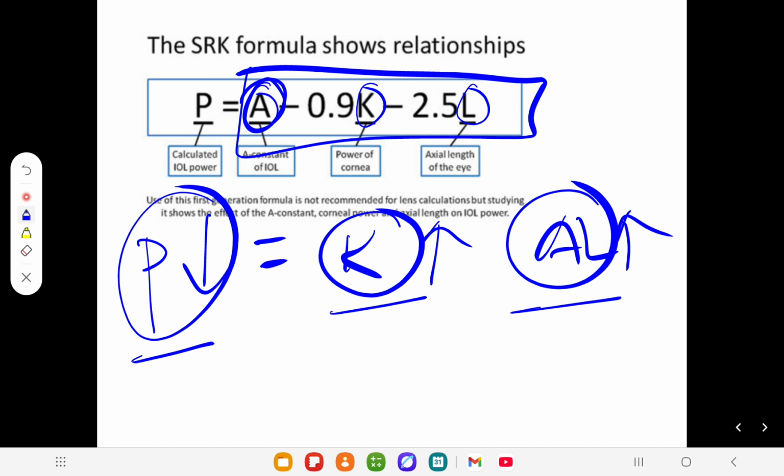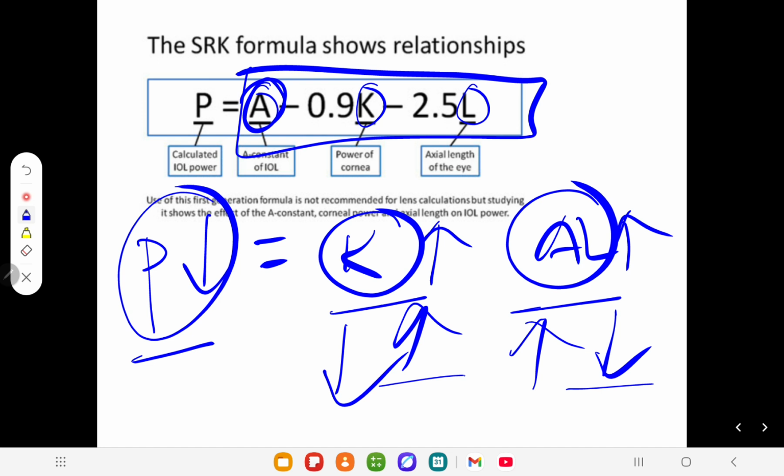So remember, if K increases, what happens? If axial length increases, what happens? If at the same time K increases and axial length decreases, what happens? Because it's balancing, isn't it? If K is flatter and axial length is longer, that's balancing, quite balancing.